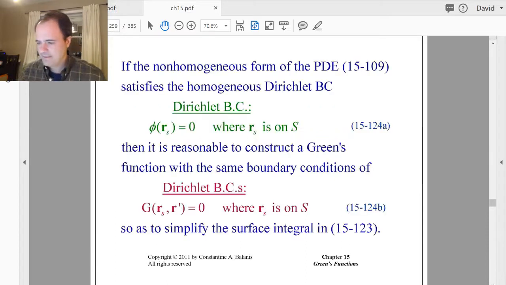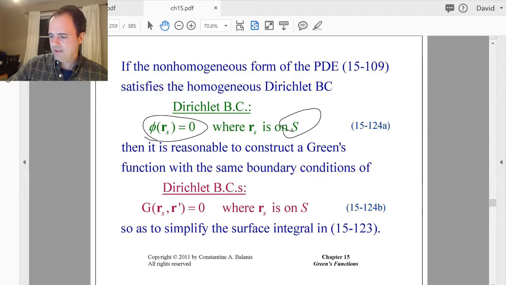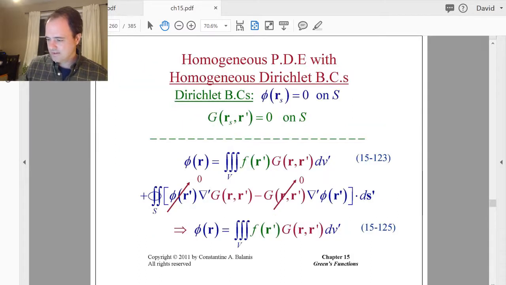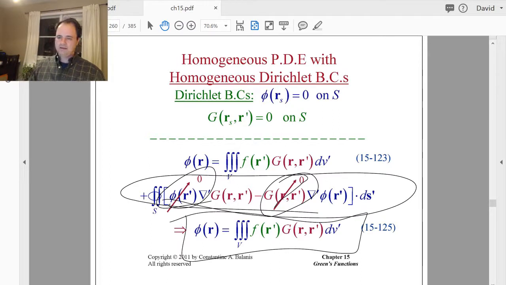That's easy because Dirichlet says we're going to have 0 on S, and then we want to construct a Green's function with the same boundary conditions. Therefore, we have 0 here and 0 here, and this whole surface term falls out, leaving this right there. Very good.